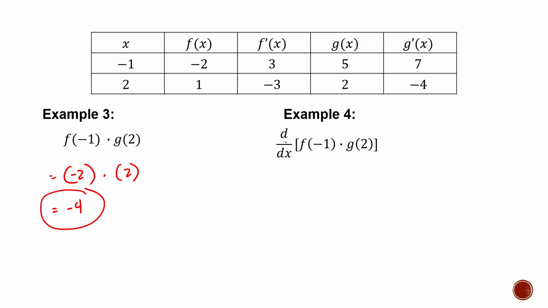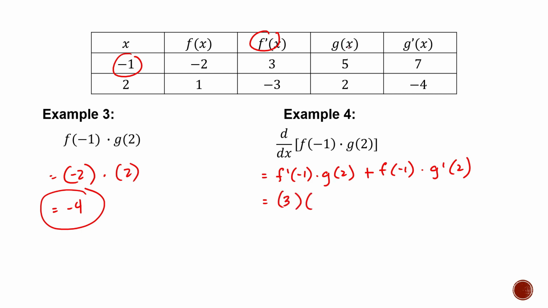Now, it's going to be different if you see the symbol d over dx. That means we need to apply the product rule here. So f prime of negative 1 times g of 2 plus f of negative 1 times g prime of 2. f prime of negative 1 is 3, times g of 2, which is 2, plus f of negative 1, which is negative 2, times g prime of 2, which is negative 4.